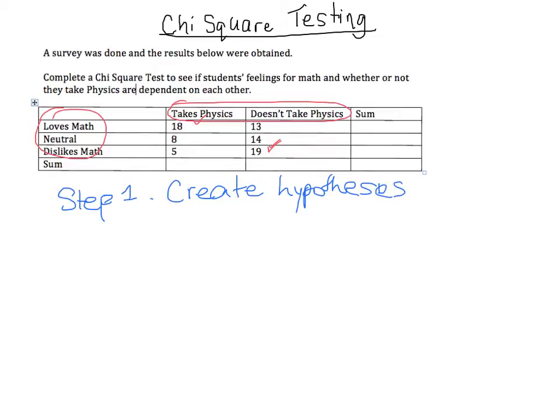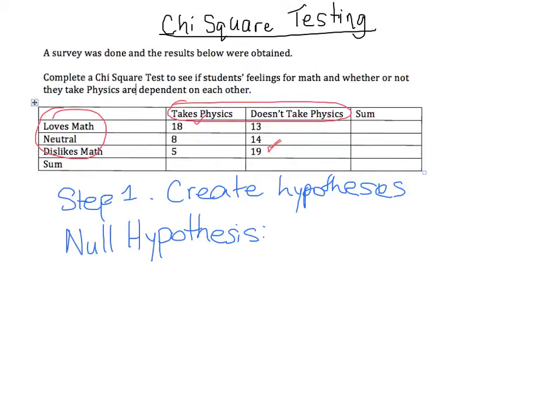The first one is called the null hypothesis. And the null hypothesis is a hypothesis that states that your two variables are independent of each other.